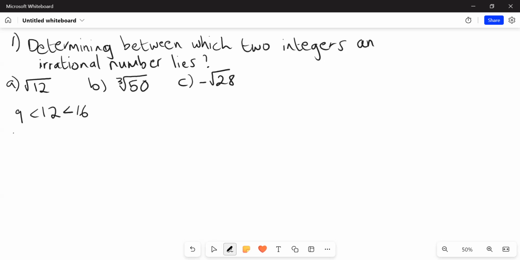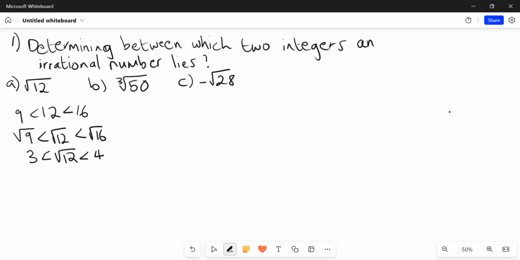So we have the square root of 9, we have the square root of 12, we have the square root of 16. And then it gives us 3, and here we have the square root of 12, and then square root of 16, we get 4.